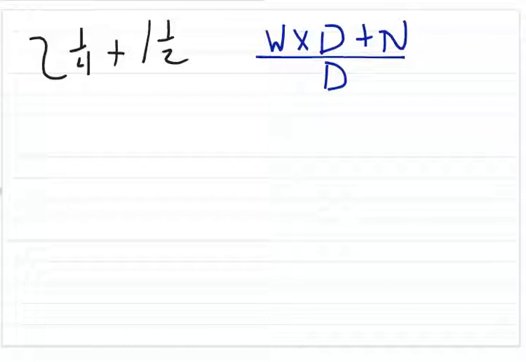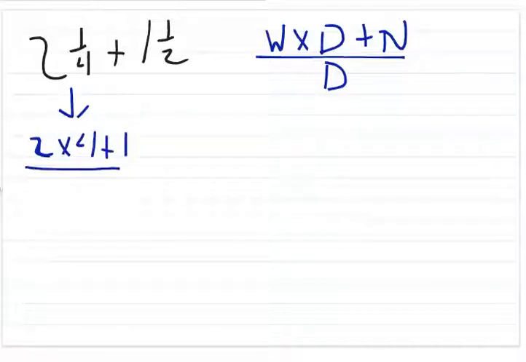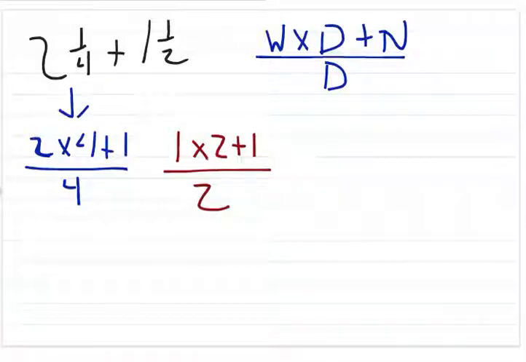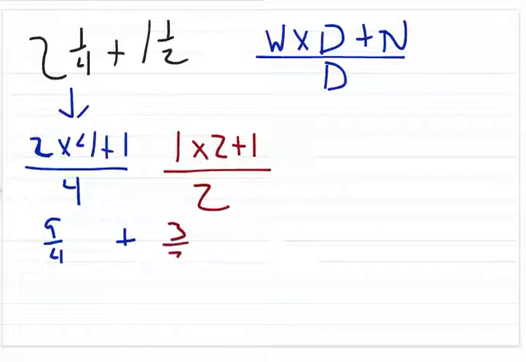So my 2 1/4 turns into 2 times 4 plus 1 all over 4, plus 1 times 2 plus 1 all over 2, which we know then turns into 2 times 4 is 8, plus 1 is 9, so 9/4, plus 1 times 2 is 2, plus 1 is 3, so 3/2.